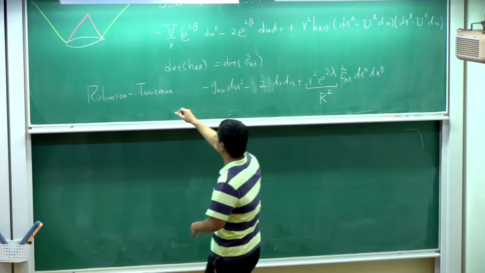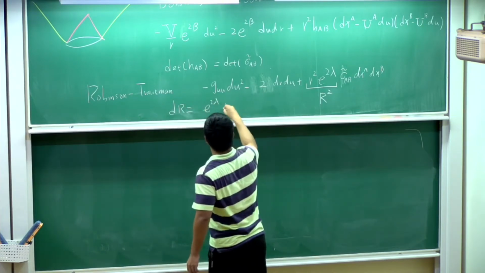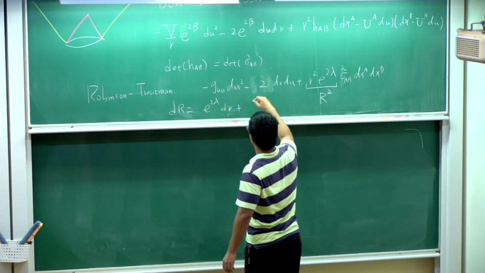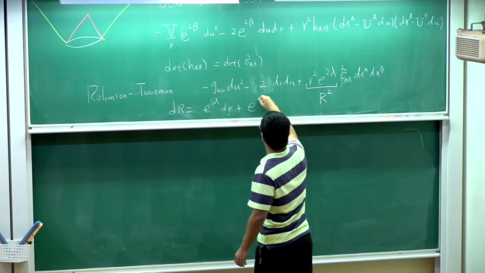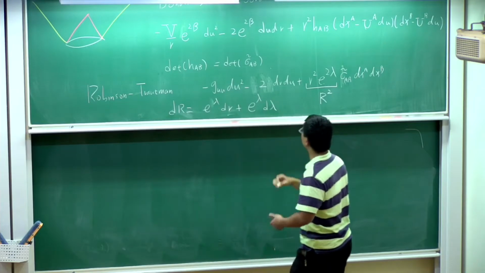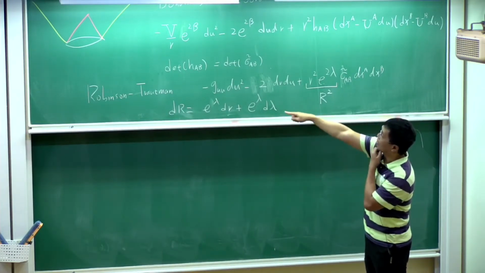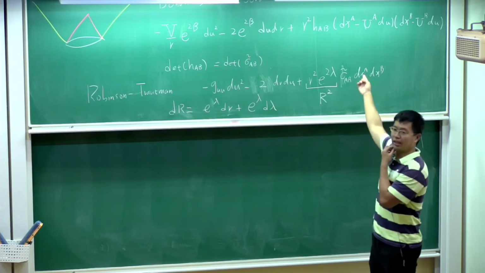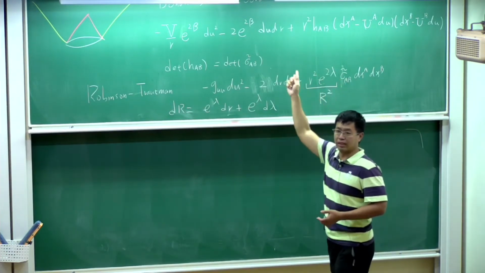You just substitute dr equals e to the 2 lambda dr plus e to the lambda d lambda, where d lambda will have components du and dxA. Right, into that form, you arrive exactly at a coordinate of that form.